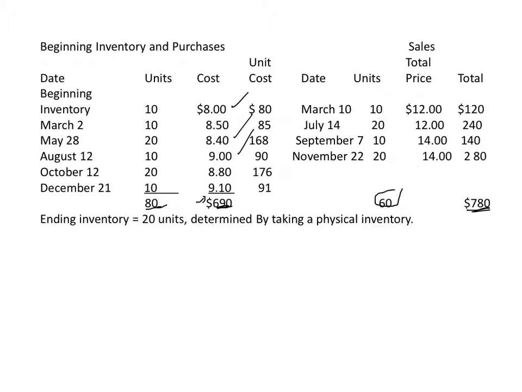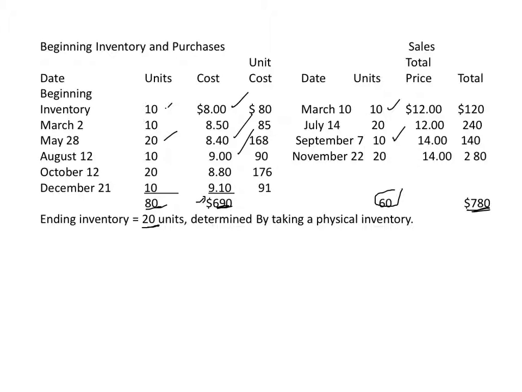But they don't know which 10 they sold on March 10th. Was it the 10 from the beginning inventory or the March 2nd purchase? They don't know the 10 that they sold on September 7th. And the 20 that remains unsold at the end of the year that we found with the physical count, where did those 20 come from? Were they the first ones bought?